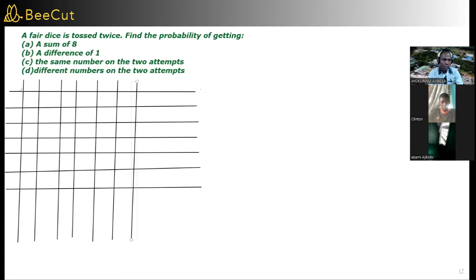Now here, I'm going to be putting up all the entries, all the sample space. For the first die, or the first attempt, I have faces 1, 2, 3, 4, 5, and 6. I don't have beyond 6.